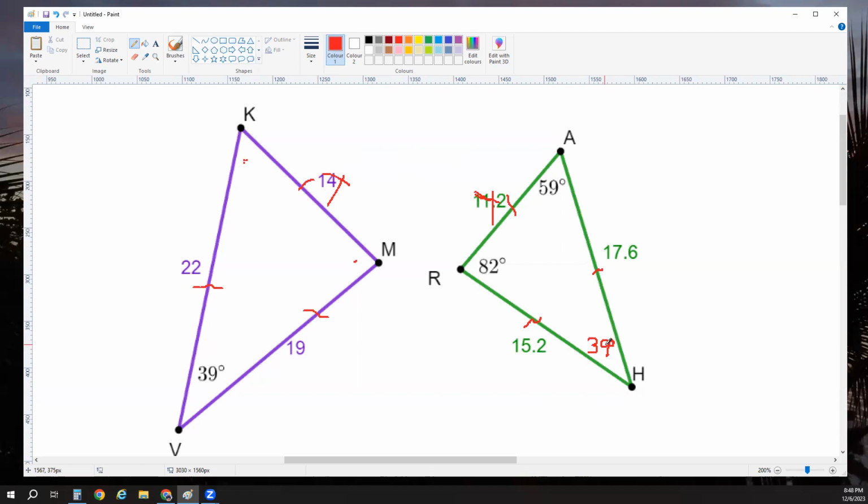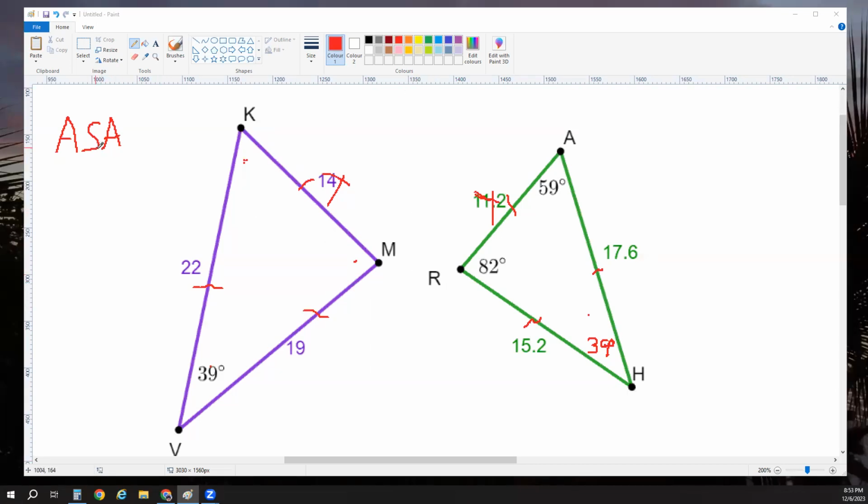I do know that these angles are the same, right? So my two options are angle, side, angle. Let me pause this for a second. All right, where was I?